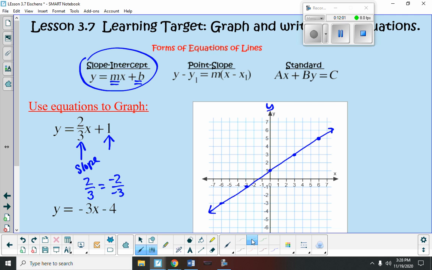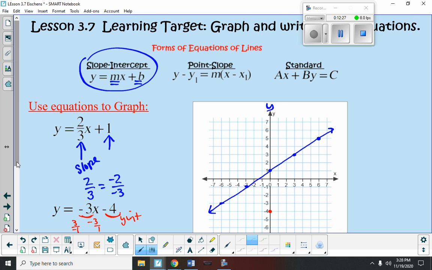Let's do one more. So here, the y-intercept is -4. So we go there, put a point. The slope is a -3, so it's -3 over 1, or it's a +3 and back 1. Both of those have one negative. So if we use the first one, we would go down 3 over 1.